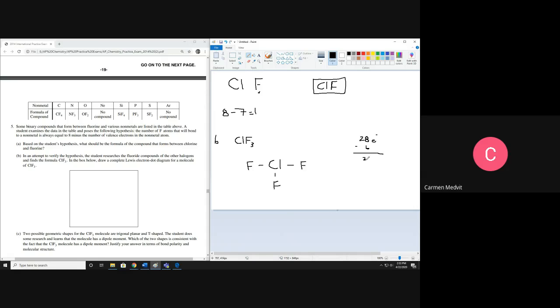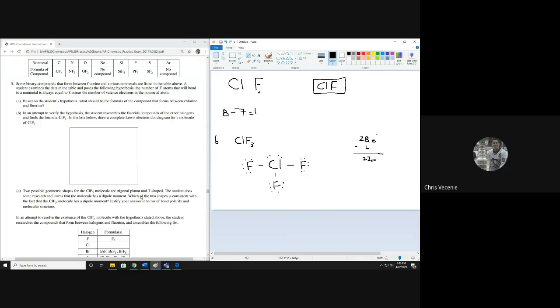So you get 22. Good. And then you put the dots on the outside first. 1, 2, 3, 4, 5, 6, 7, 8, 9, 10, 11, 12, 13, 14, 15, 16, 17, 18. And then you put 4 on the Cl. 20, 21, 22. Okay, good stuff. So that's what's going on in letter B. All right, we get ourselves that picture.